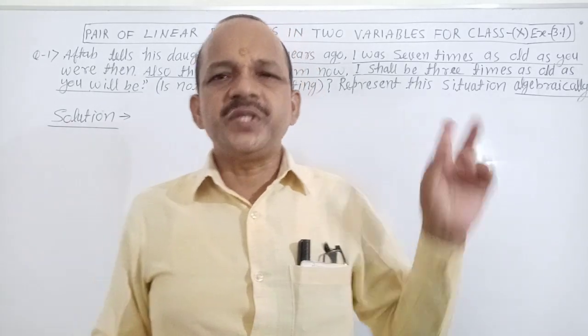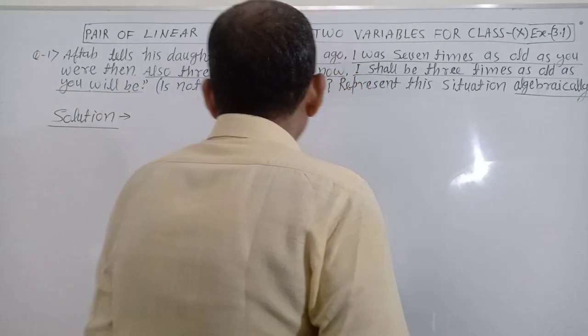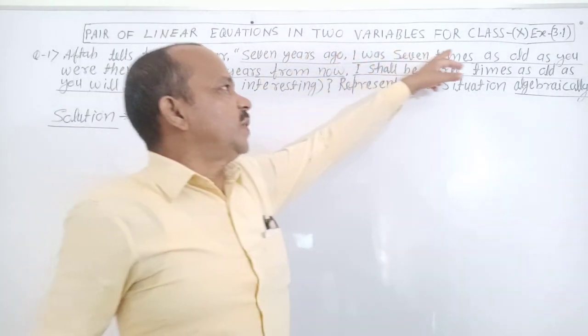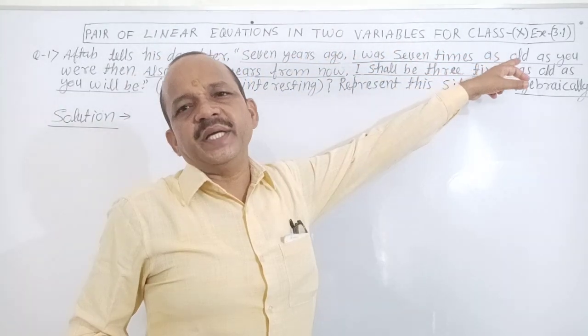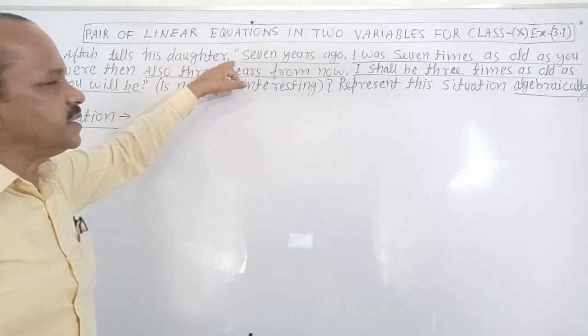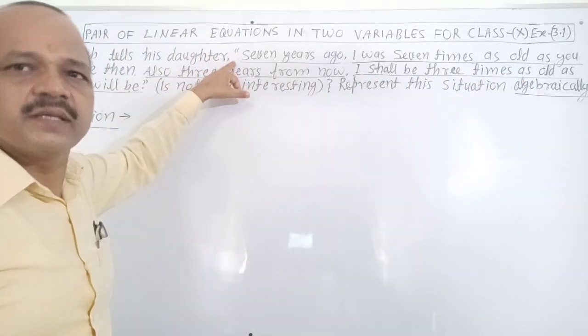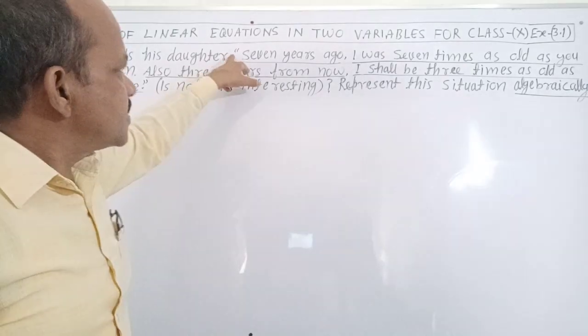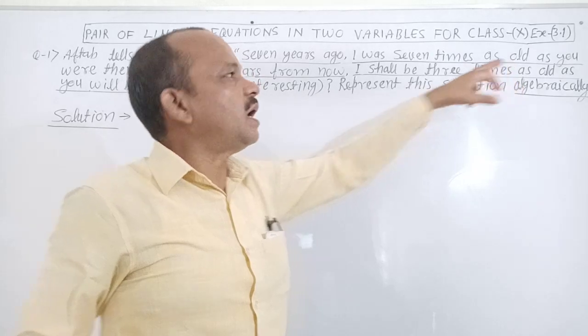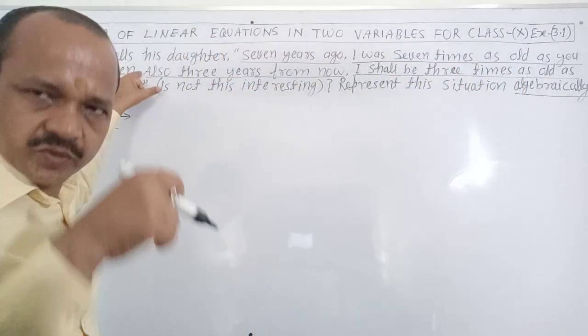Very good. See the board. Pair of linear equations in two variables for class 10, exercise 3.1, question 1. Aftab tells his daughter, seven years ago, I was 7 times as old as you were then.